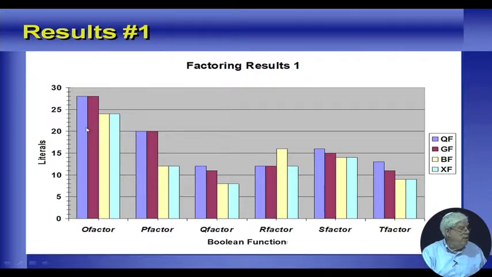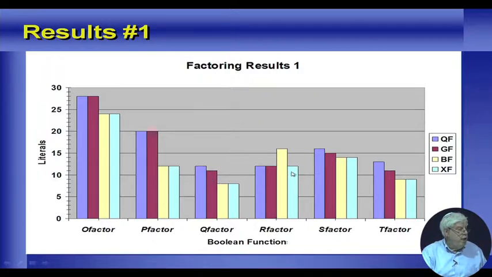What happened? Well, for this function, we tied Boolean factor. We got a little bit shorter. In this function, again, we tied and were much better than algebraic. In this one, we tied and improved.